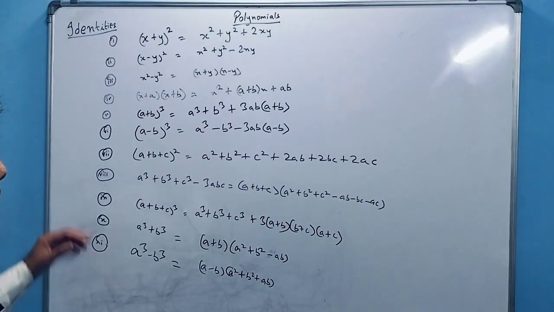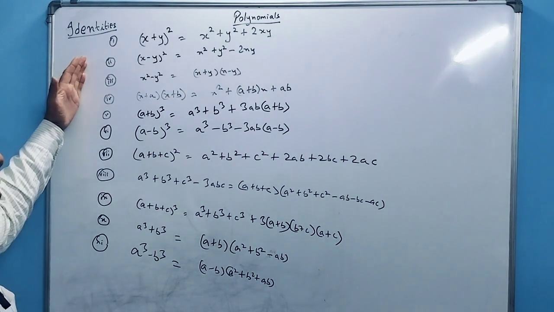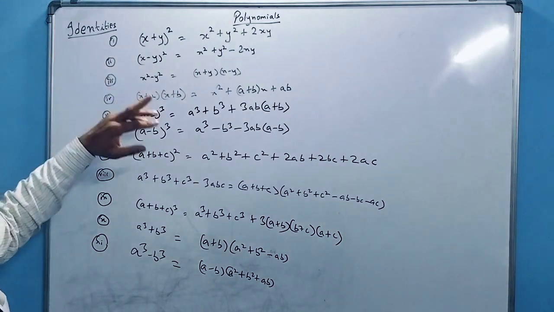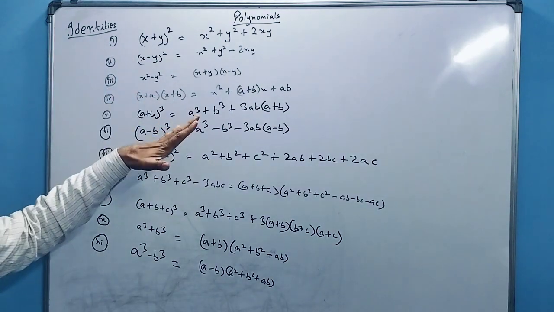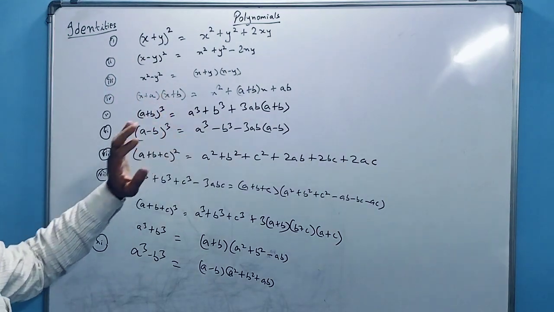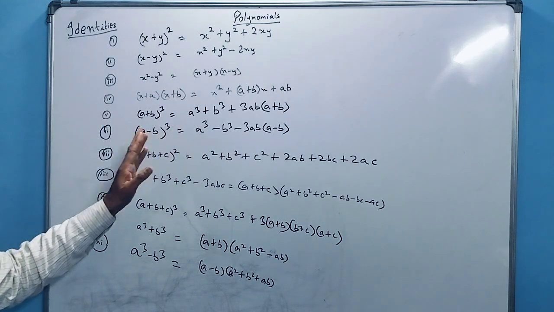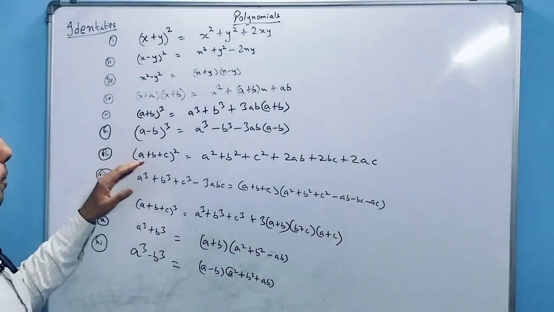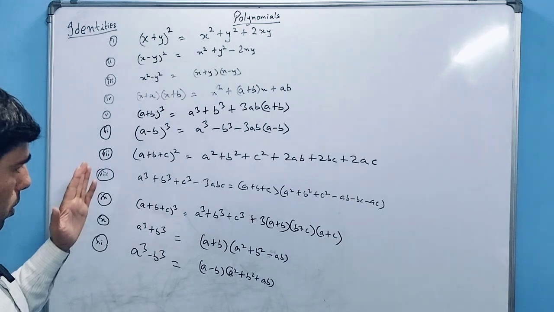We must know (a plus b) whole square, (a minus b) whole square, a square minus b square, (x plus a) times (x plus b), (a plus b) whole cube, (a minus b) whole cube, (a plus b plus c) whole square, and all these.